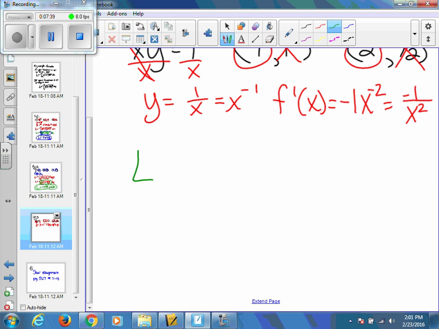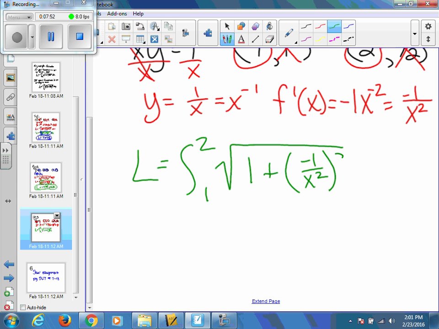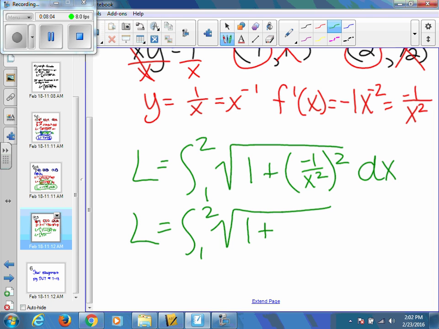So we take the integral from 1 to 2 of the square root of 1 plus negative 1 over x squared, squared, dx. And we can simplify that. Well, negative 1 squared is 1, x squared squared is x to the 4th. So I get the square root of 1 plus 1 over x to the 4th, dx.